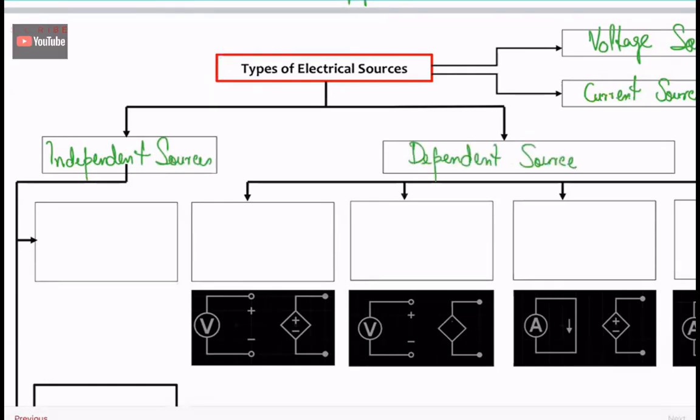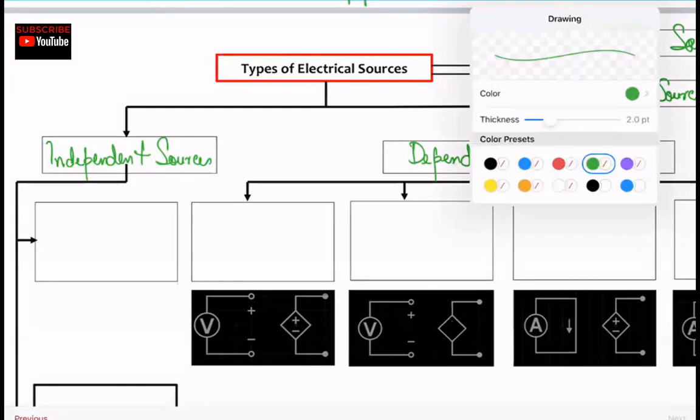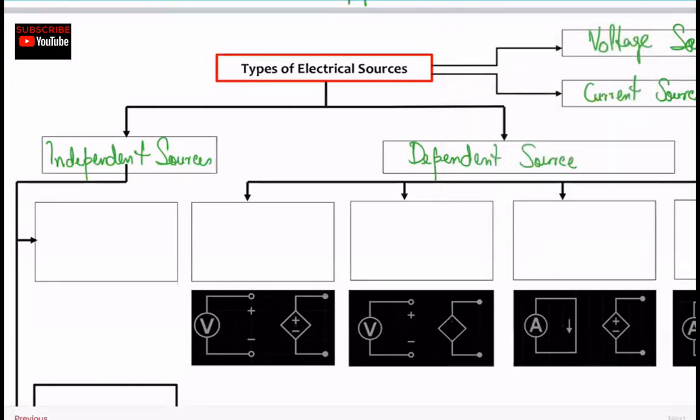What's the difference between the two? I can write down here. In an independent source, the voltage value does not change. It's constant. The value does not change, even when current and voltage change in a circuit.